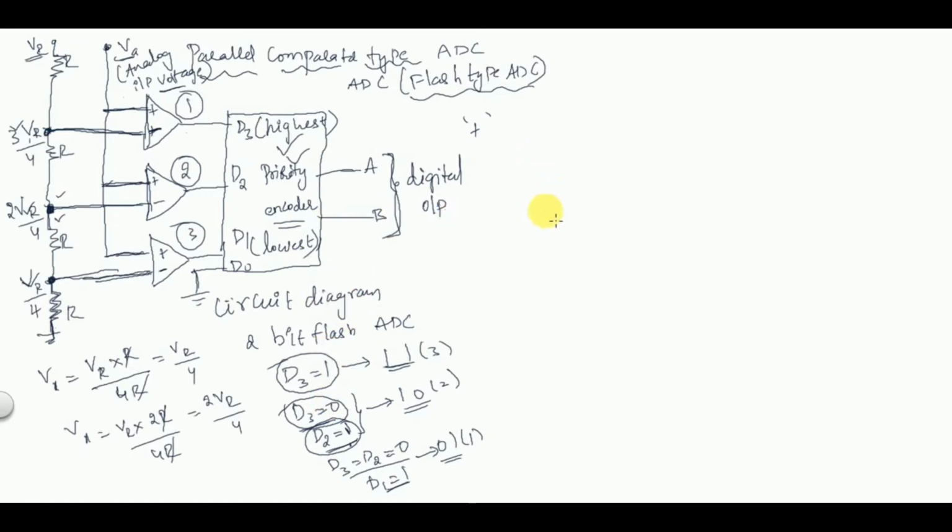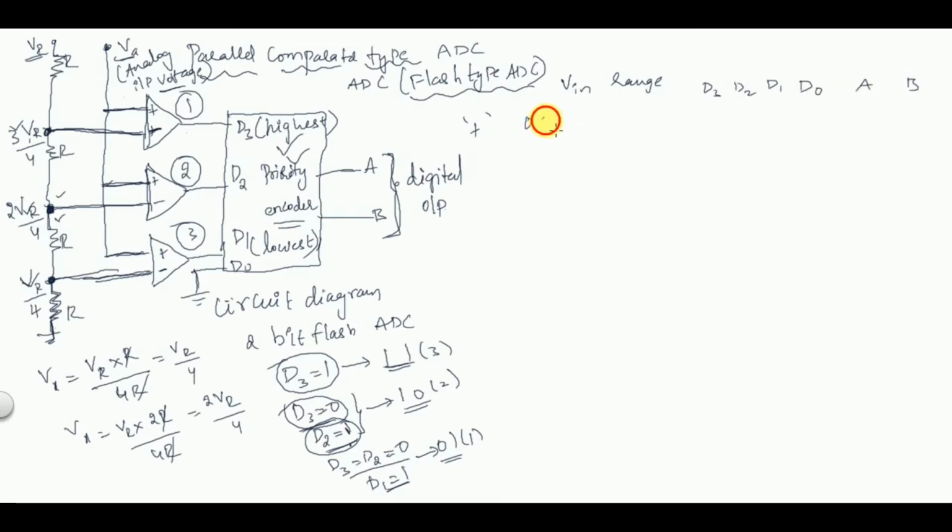Based on this, now we will form a table, because we have different ranges of Vin. So for different ranges of Vin, we'll form a table. Here we'll write D3, D2, D1, D0 and AB.